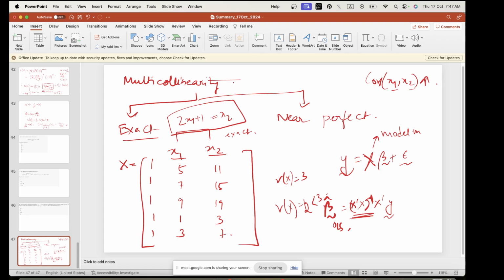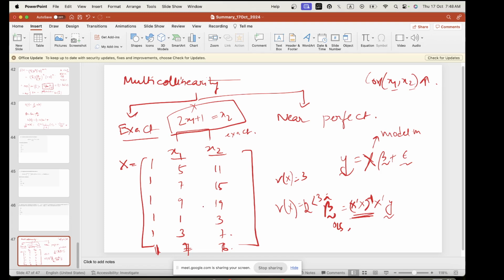Now if we have high multicollinearity, there are certain problems associated with it, so we have to tackle it. One way to tackle it is this: since this is a sample phenomenon, if I append another sample observation, say 1, 7 and 6, you see this pattern is getting broken.